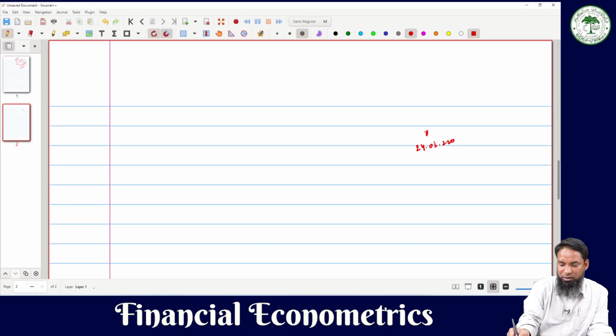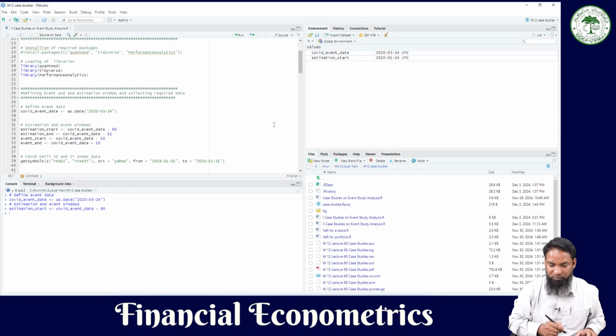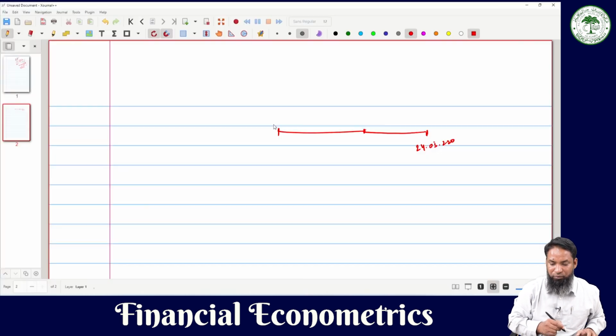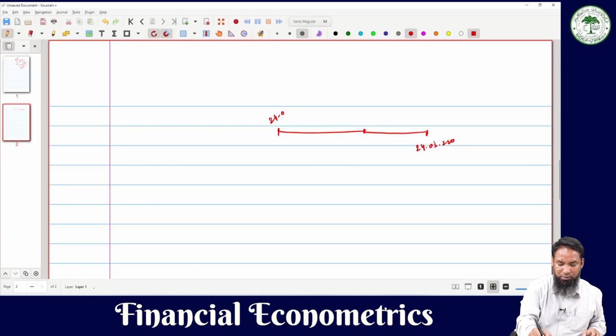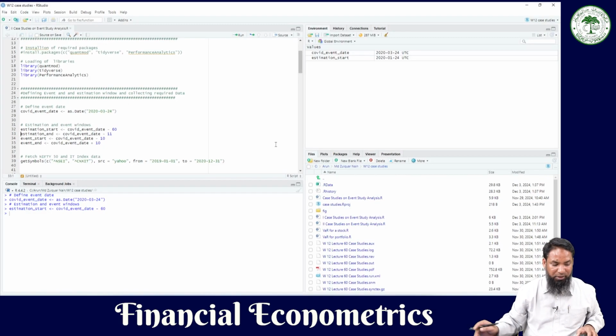The estimation window starts here, that is 60 days prior to that, on the 24th January 2020, and it ends just before the event window, 11 days before the event. So the estimation starts on 24th January 2020.